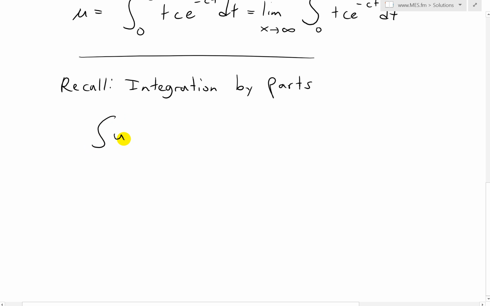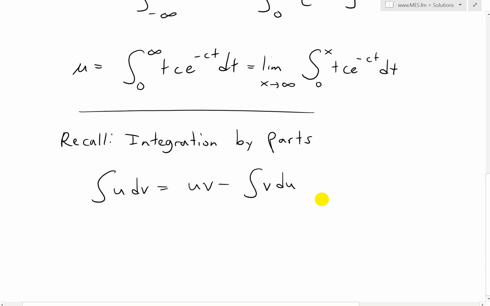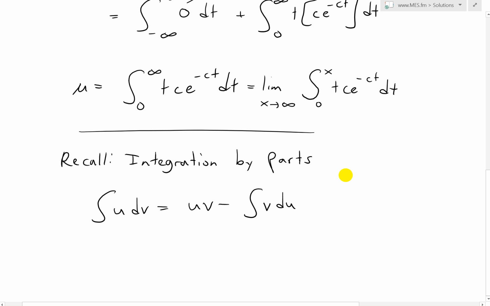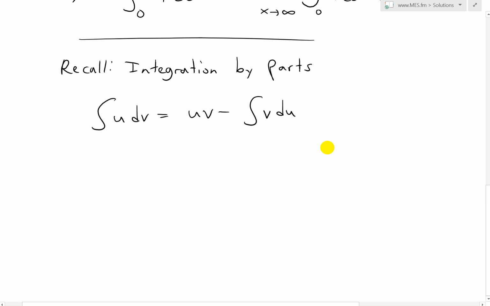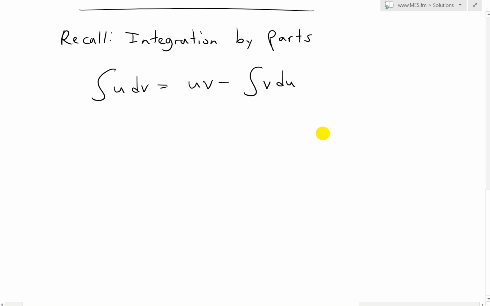If you have a function like u dv, this equals uv minus the integral of v du, so we just interchange. The idea is to write it like this so we can simplify, because this is two functions multiplied by each other. If we choose t as u, the derivative du is just 1. So the idea is to make a simpler integral, because right now it's not straightforward.